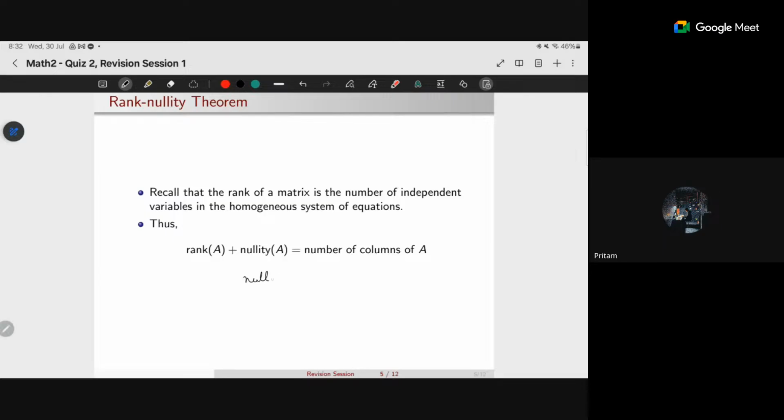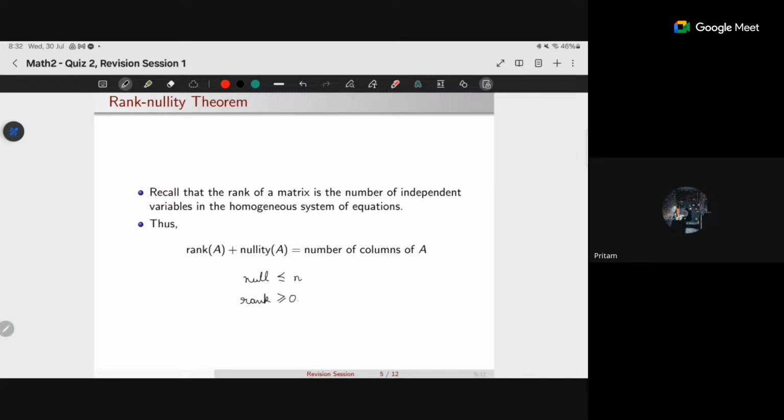Nullity is less than or equal to the number of columns. So rank is greater than or equal to, if I add rank on both sides, rank will be greater than or equal to 0. The 0 matrix is the minimum thing.